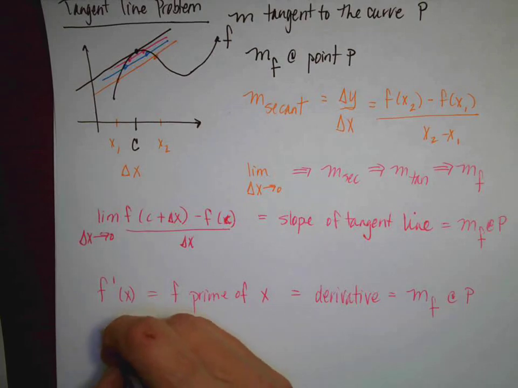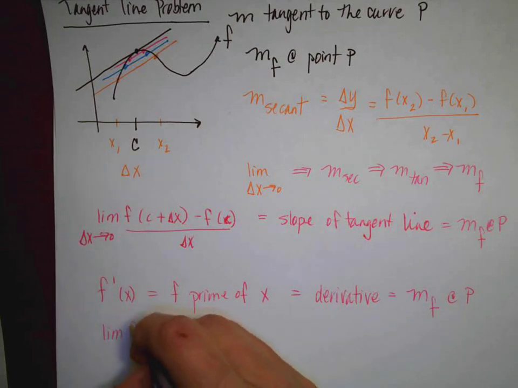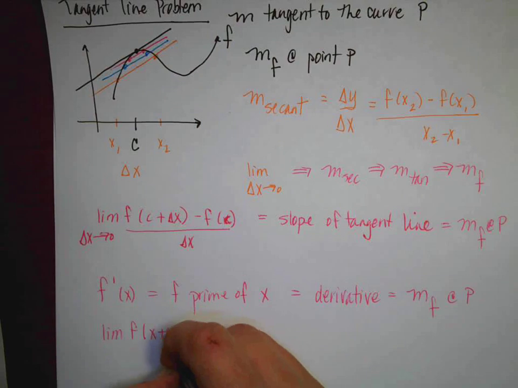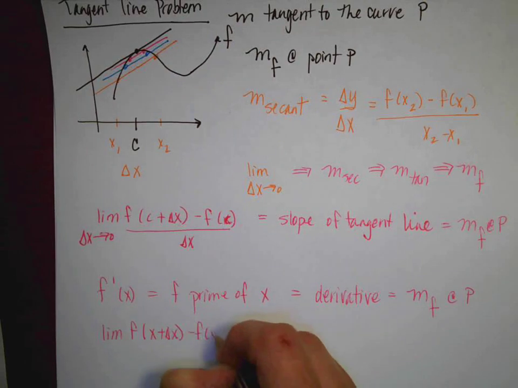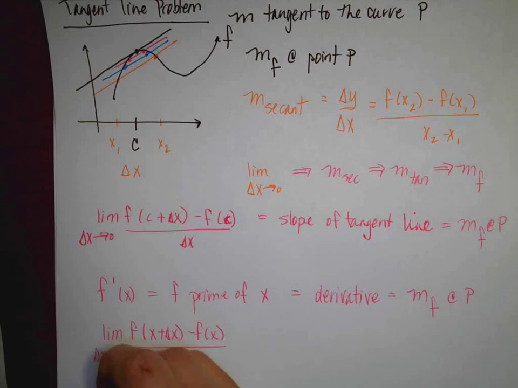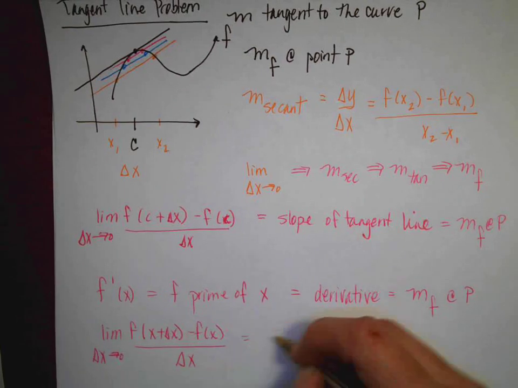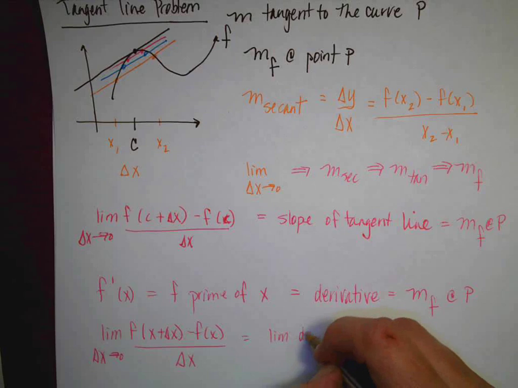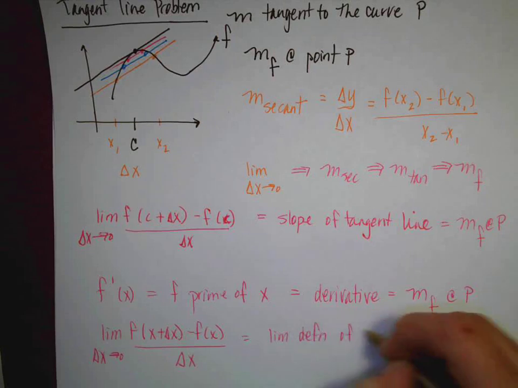I can use the limit definition, so I can say the limit of f of x plus delta x minus the original function all over delta x as delta x goes to 0. This is the limit definition of a derivative.